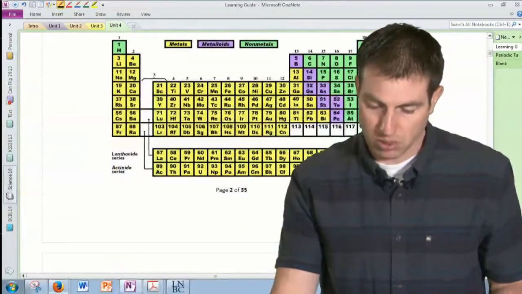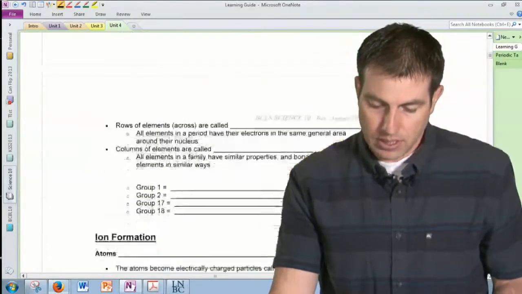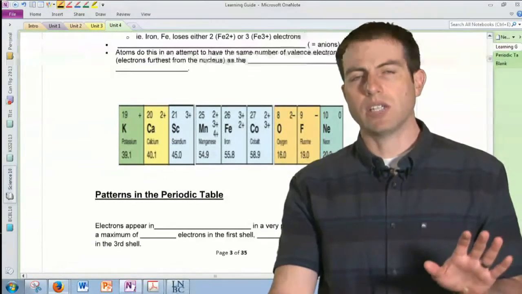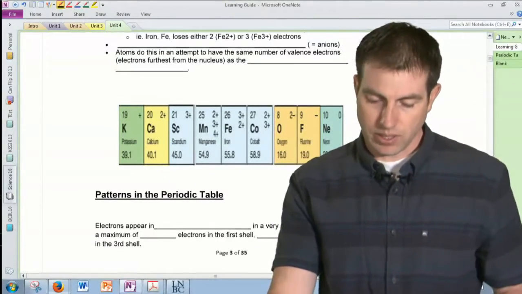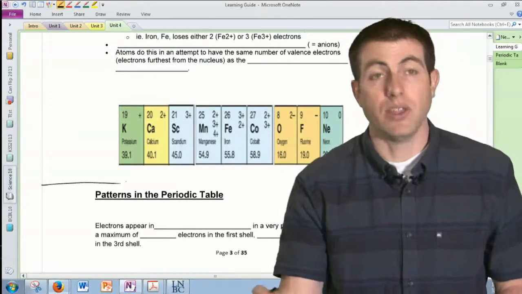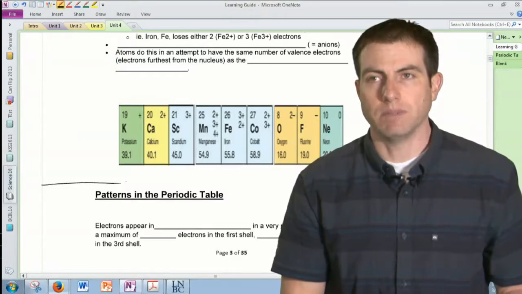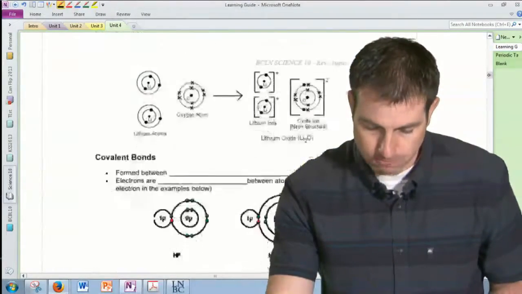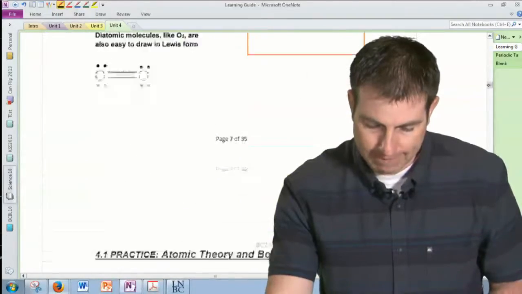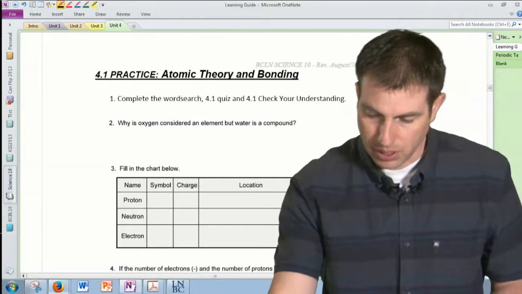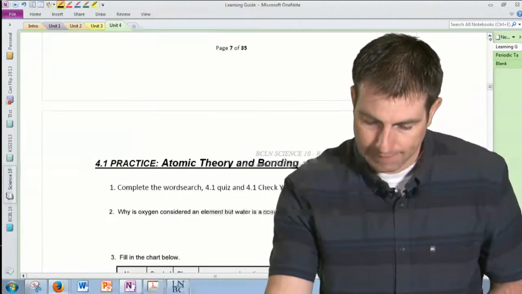We did the periodic table. And then you guys talked about ions a little bit. So we've just touched on ions. We haven't really done a ton of that stuff yet. We didn't get to patterns in the periodic table, so we're just going to leave the notes at that spot for now. But down at the bottom, there's some practice questions. All right, so this is on page 8.